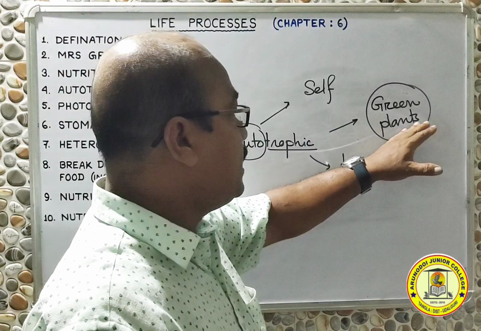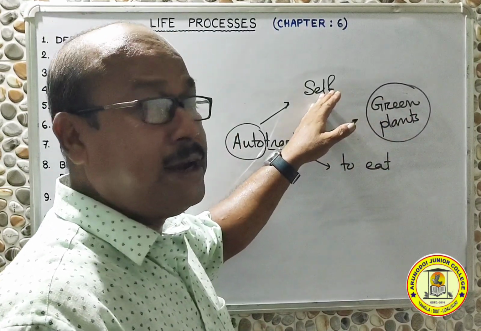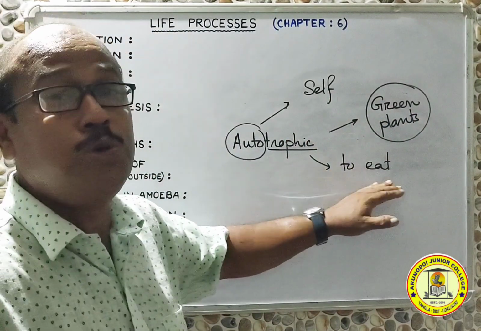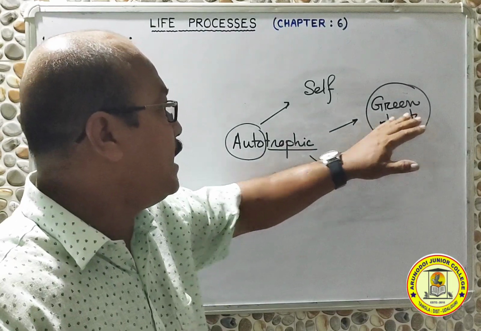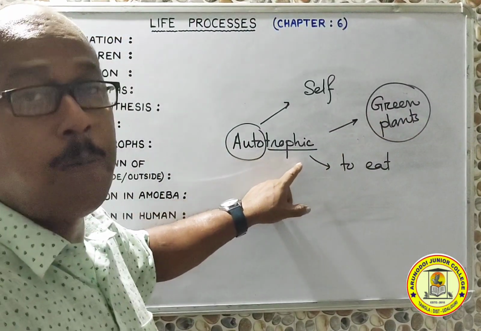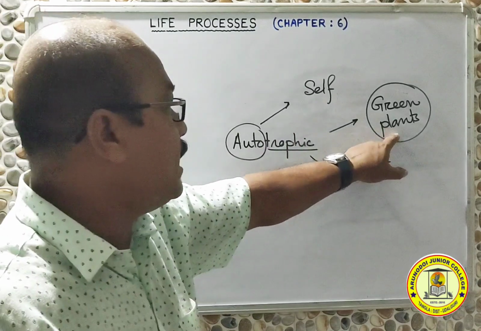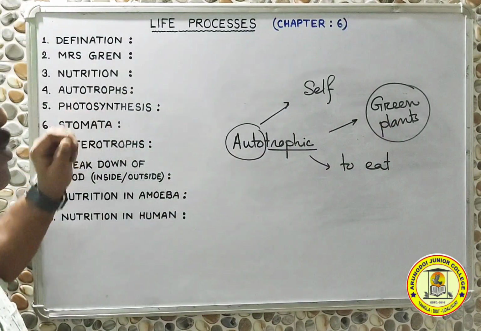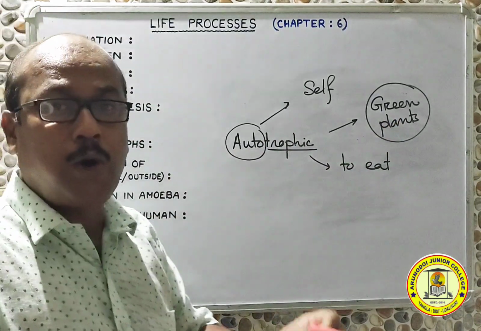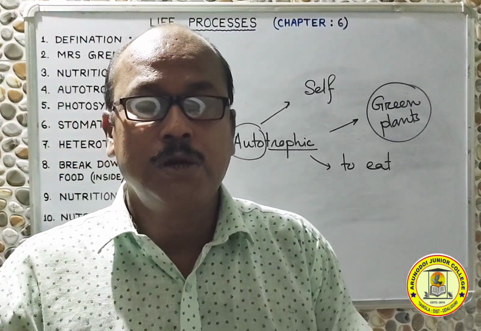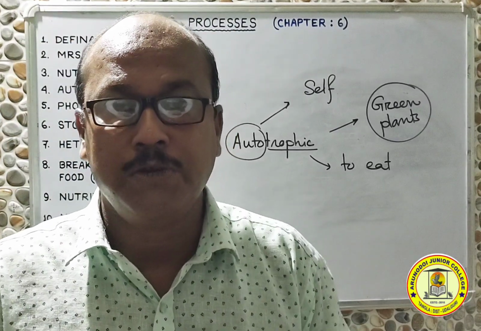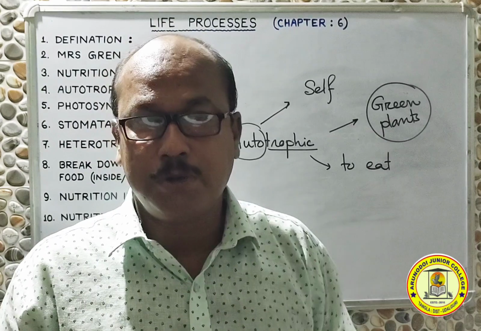That is to say that green plants are self-dependent as far as the food to eat is concerned. Therefore green plants perform autotrophic nutrition, and therefore green plants are called autotrophs. Now what are autotrophs? The organisms which exhibit autotrophic nutrition are called autotrophs.